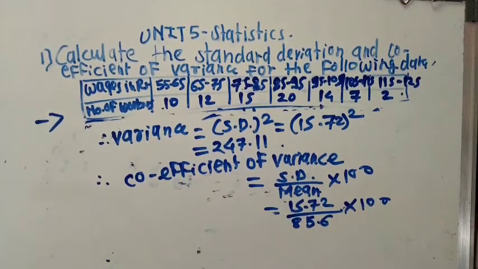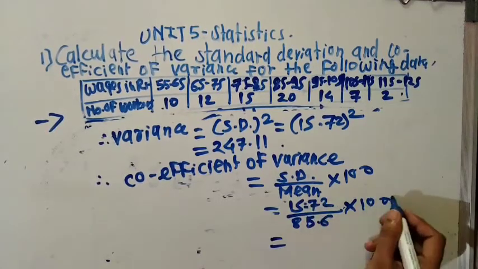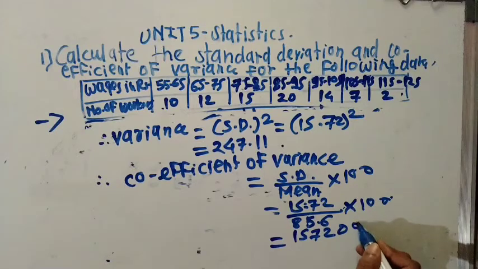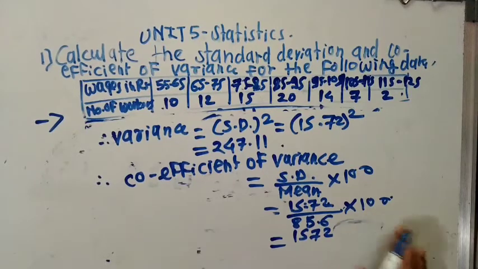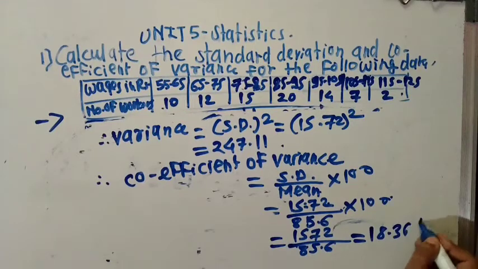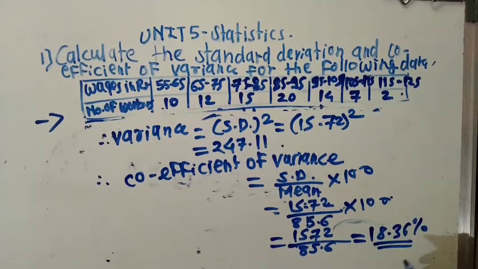So this into this means 1572, because of 00 and 2 points behind, so 1572 is the answer. Then upon 85.6 is equal to 18.36% is the coefficient of variance.